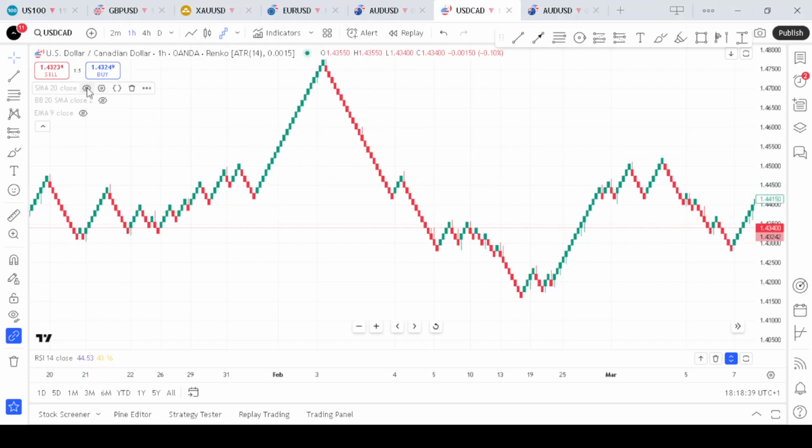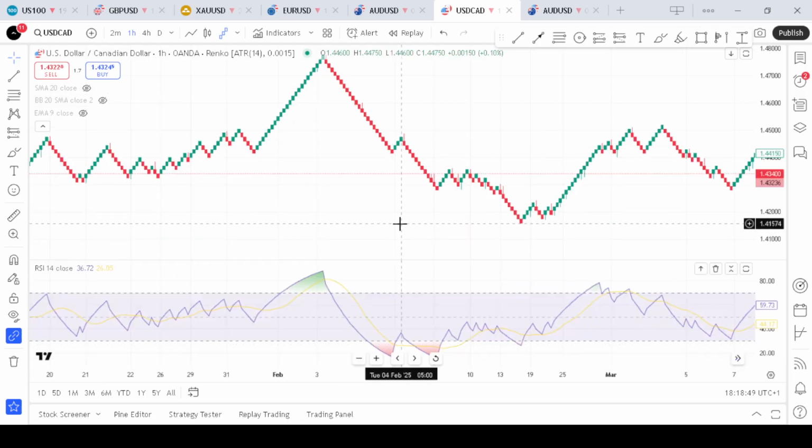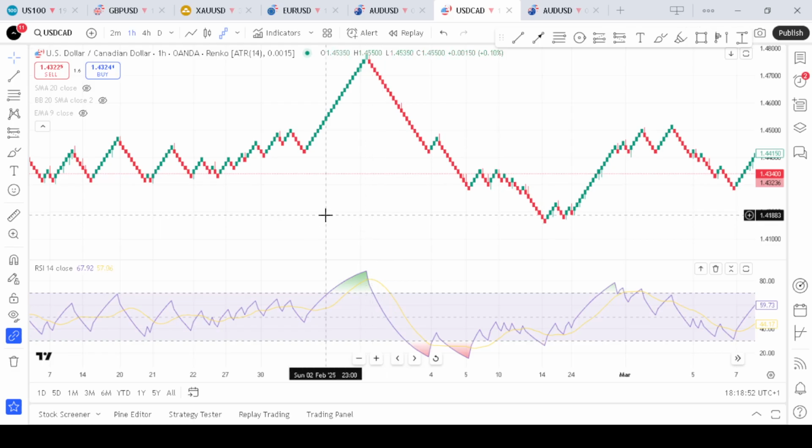Now the next indicator we make use of is the RSI, the relative strength index. The RSI indicator is a momentum oscillator that measures the speed and change of price movement.